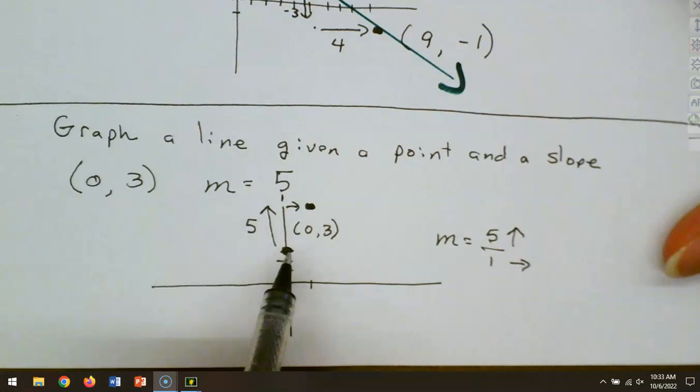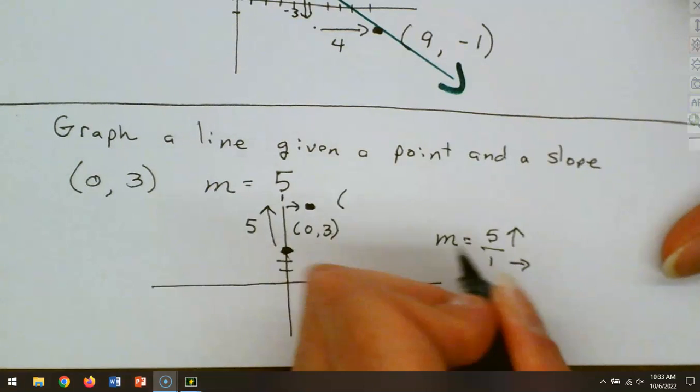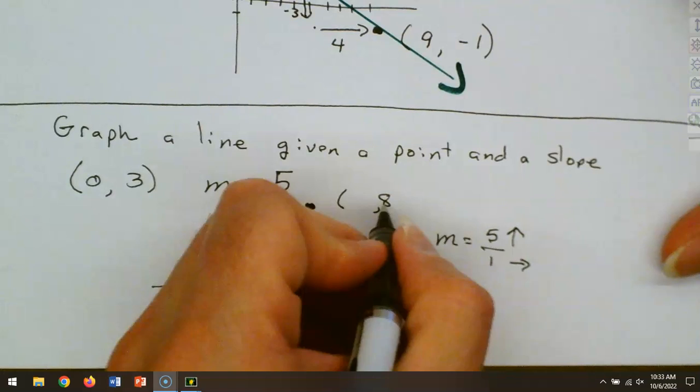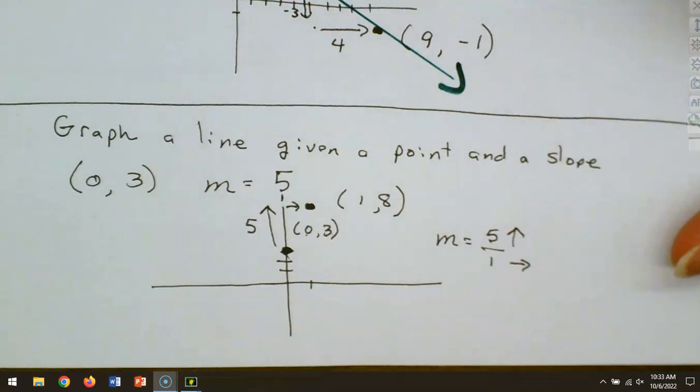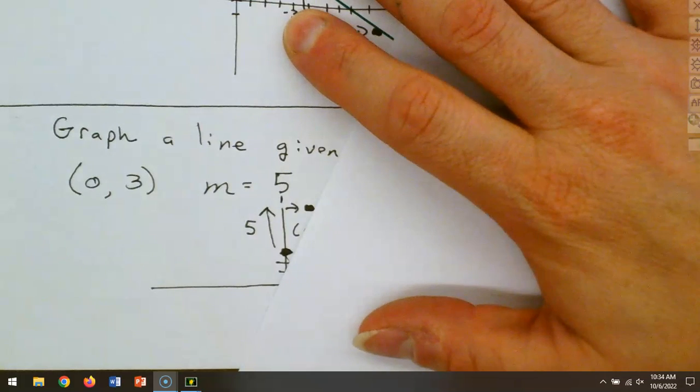So, where would my new dot be at? This was at 0, 3. We went up 5 units. So 3, add 5 to it, makes it 8. We're at 0. We went 1 unit over, so that makes it a 1. You don't have to label the ordered pair, but I think it makes it easier. So you went up 5 and over 1. Draw your line.